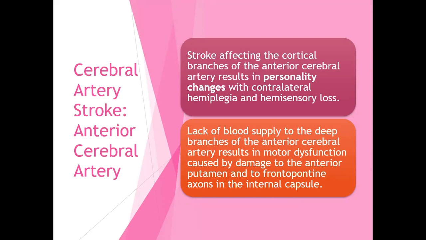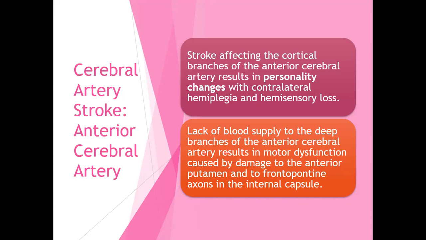But the anterior cerebral artery, if you have a stroke of the anterior cerebral artery, it is going to result in personality changes with contralateral hemiplegia and hemisensory loss. So you're going to lose motor function on one side, and you're going to lose sensory function on that side, and you're going to have personality changes because the anterior frontal lobe has personality functions.